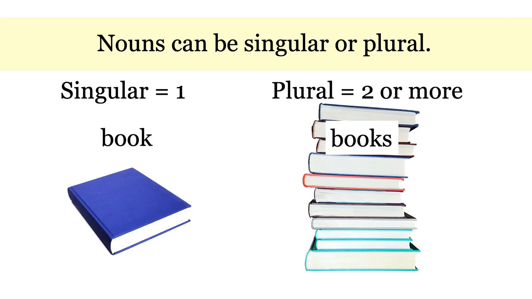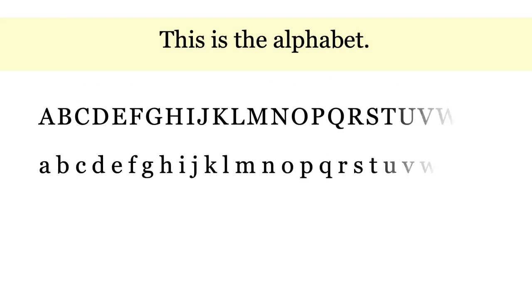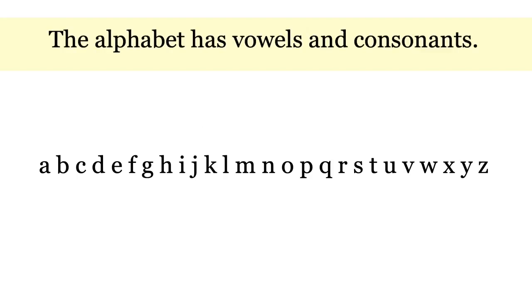Before we go on with nouns, let's look again at the alphabet. This is the alphabet. You already know about capital and lowercase letters. Let's look at another kind of letter. The alphabet has vowels and consonants.